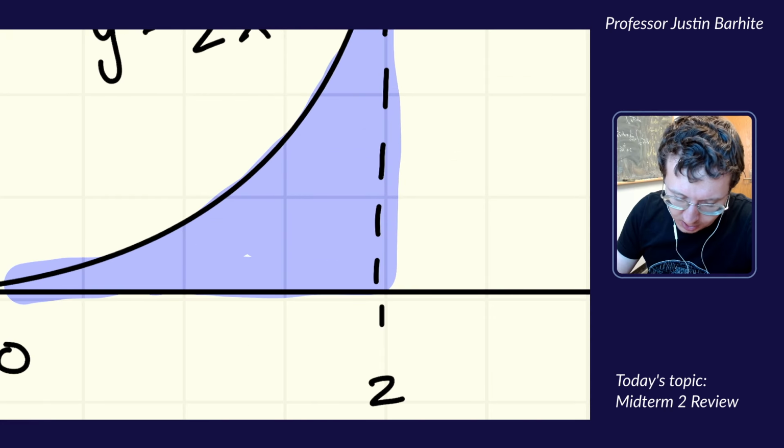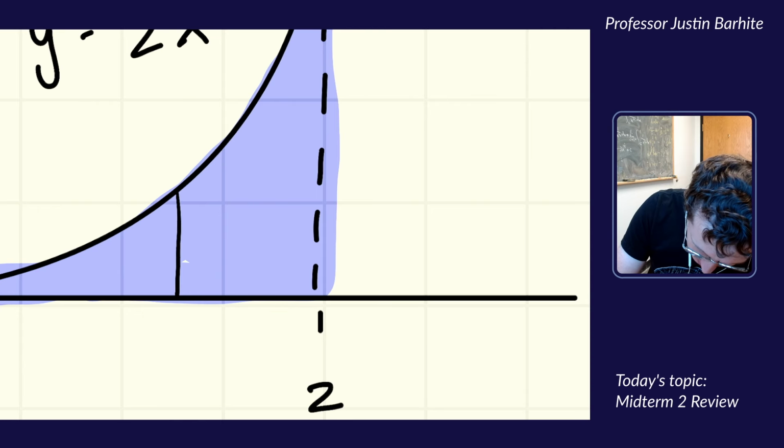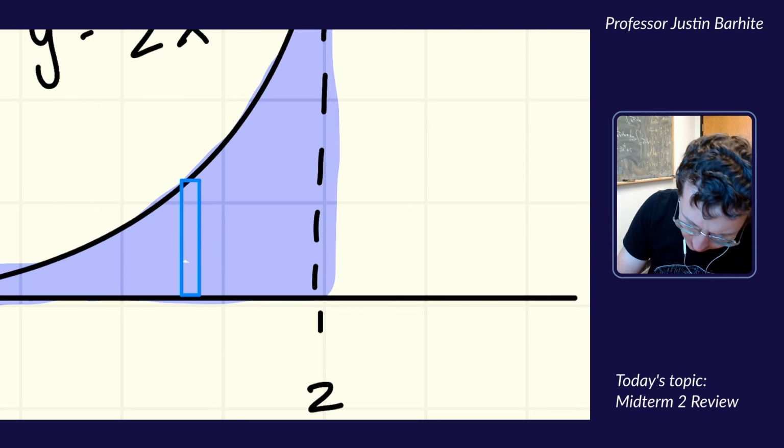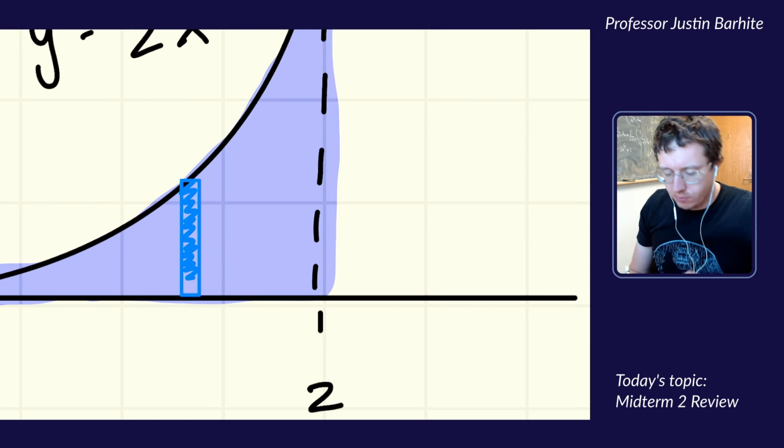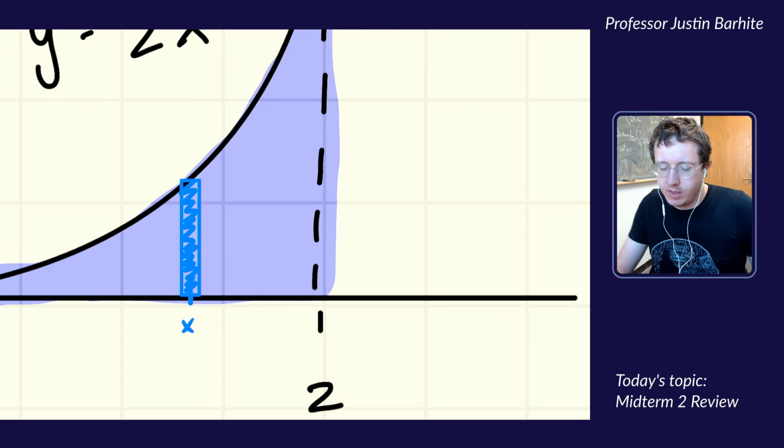There are formulas, but I don't memorize these formulas. It's the same as with volumes of revolution. I find it easier to just draw one of these little rectangles and then think about that piece and add up all of the pieces.